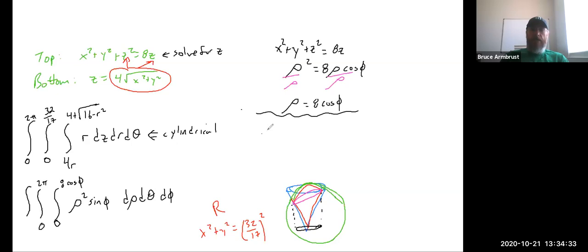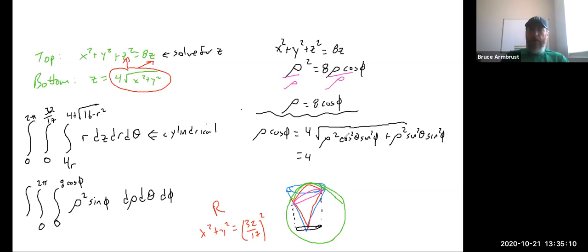So z, it's rho cosine phi, equals 4 times... All right, well, we're going to get rho squared cosine squared theta sine squared phi plus rho squared sine squared theta sine squared phi.